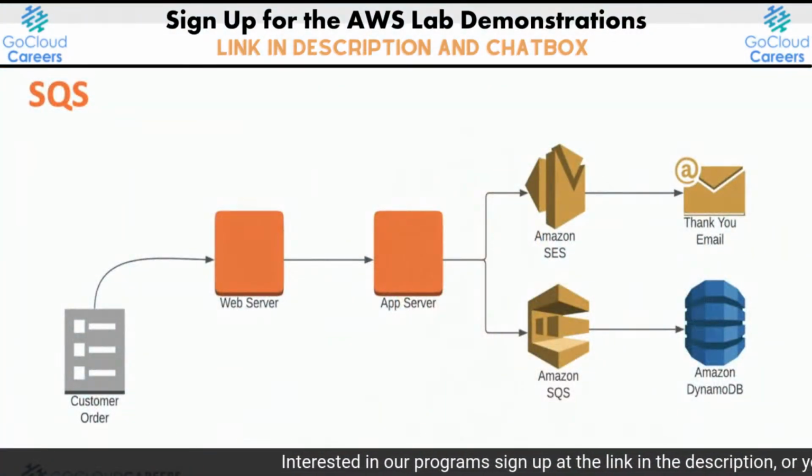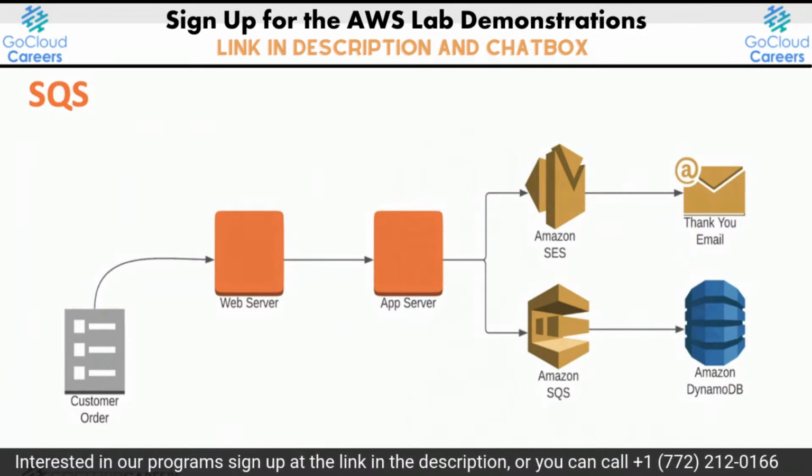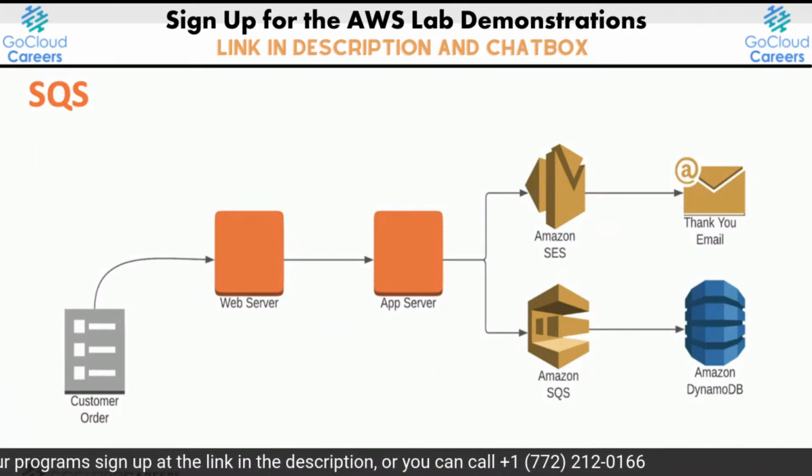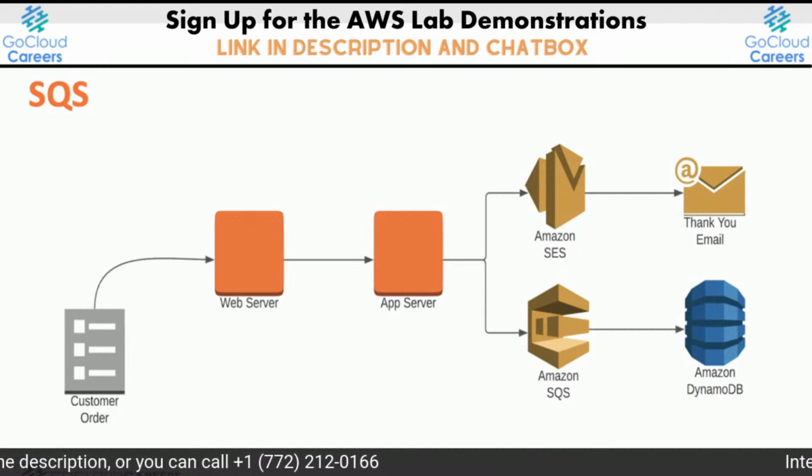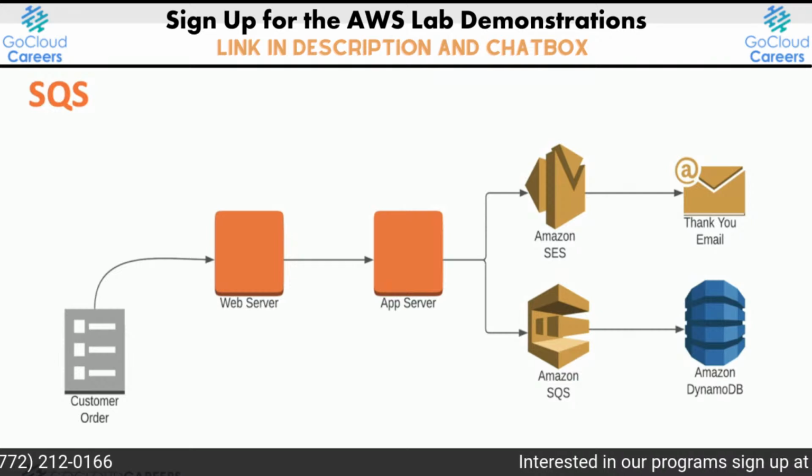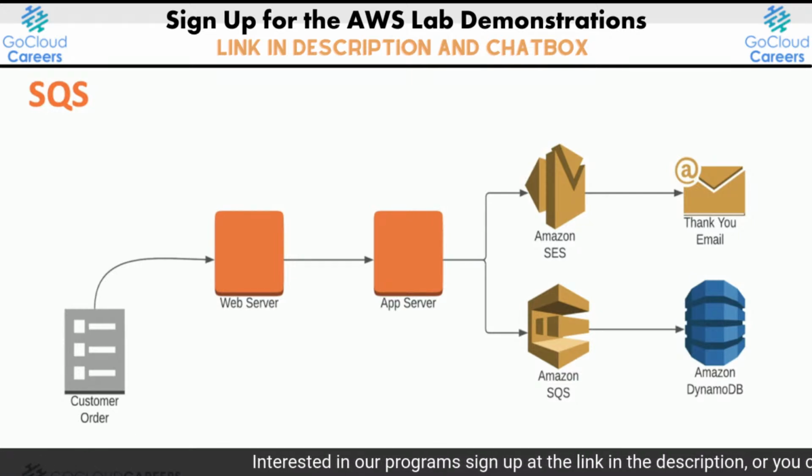Let's say in this environment, for example, we have a web server and a sale comes in, right? It hits the app server. We temporarily hold the message in the Amazon SQS queue until the database is ready to receive it. So web server, app server, queue on the way to the database.